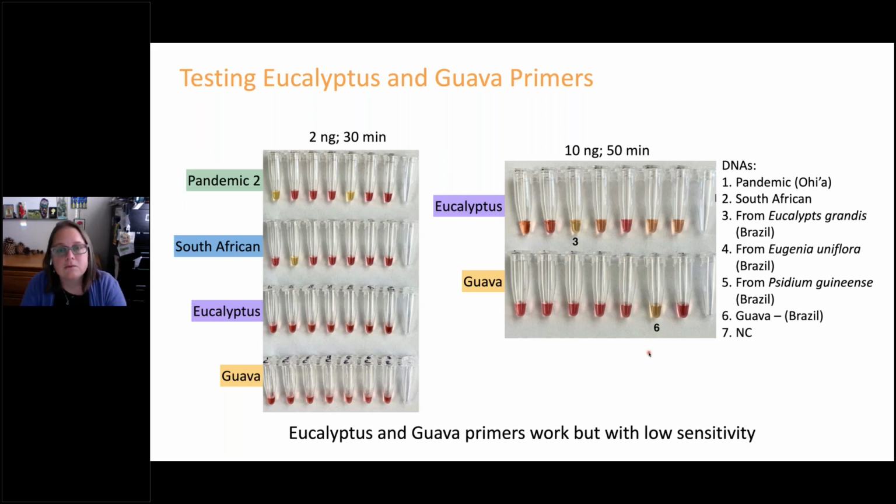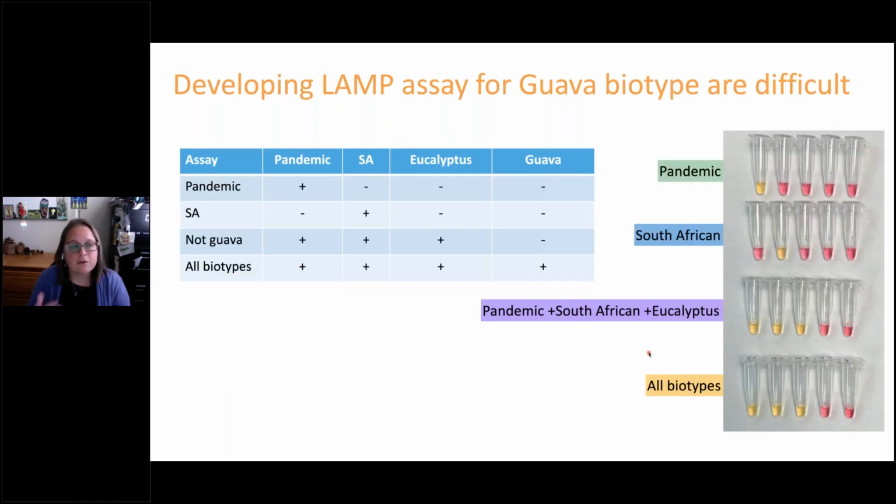But we've been working to really fine point the sensitivity on these assays, which has been sort of difficult to do because I think of the genomes that we don't have as much information compared to the pandemic and the South African. So we've kind of come up with a strategy where we can develop one assay where the pandemic amplifies. We have another assay that's specific for the South African.